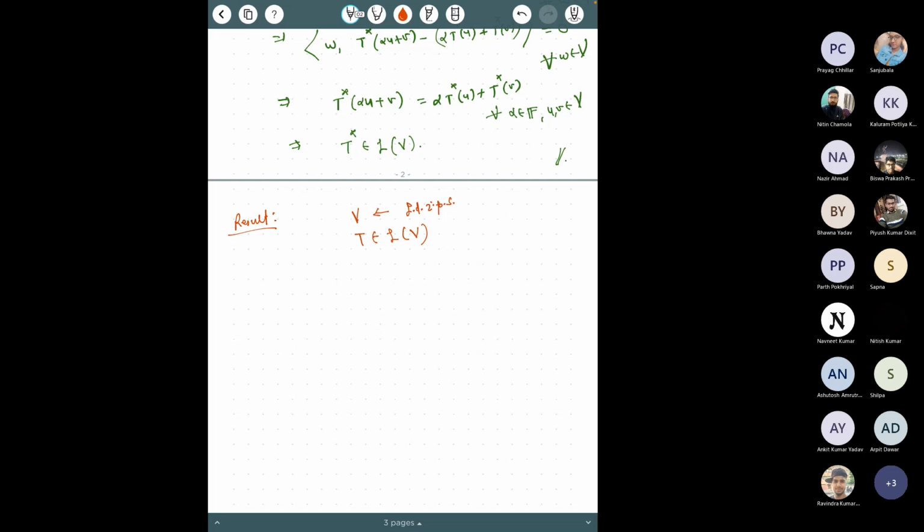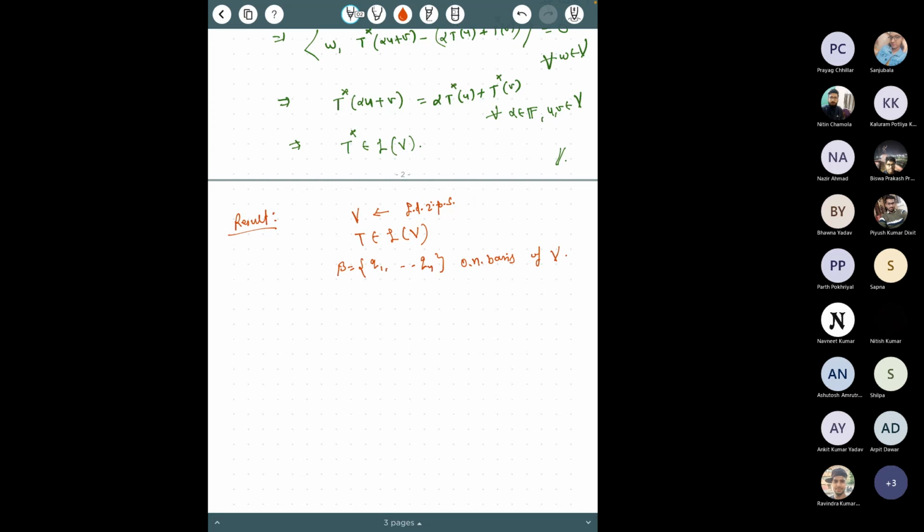Since it's finite dimensional, we can fix a basis for this, let's say q1 to qn. This is an orthonormal basis because it's an inner product space, so we can talk about an orthonormal basis. Suppose that this is an orthonormal basis of V.